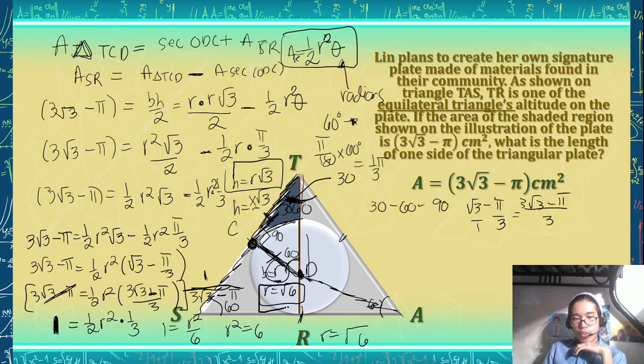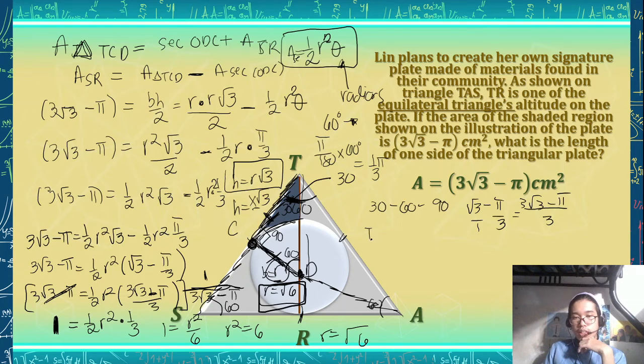Okay, so if the radius is equal to square root of 6, we can find the measurement of TC.